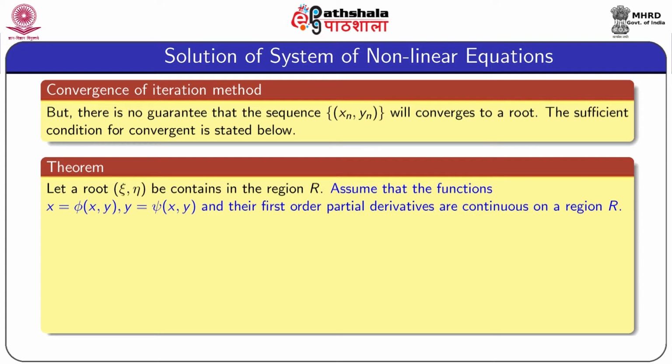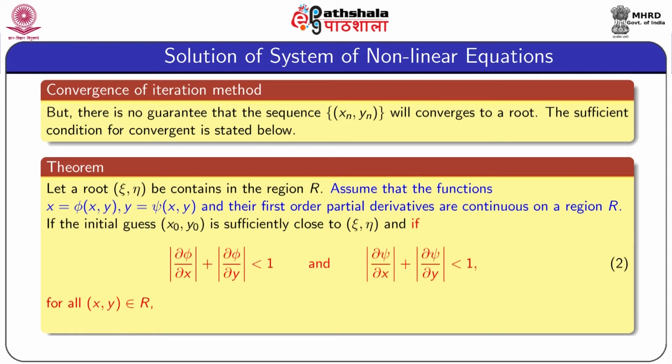Assume that the functions x equal to phi(x, y) and y equal to psi(x, y) and their first order partial derivatives are continuous within the region R, and the initial guess (x0, y0) is sufficiently close to the exact root (xi, eta).